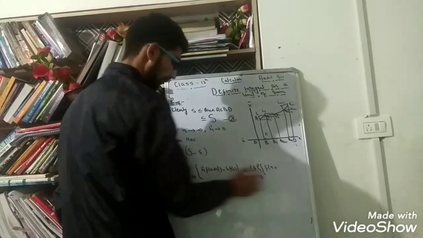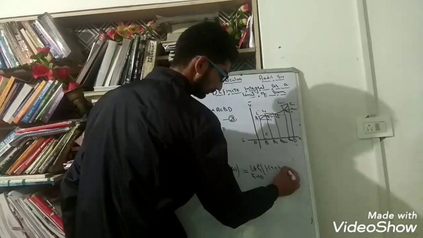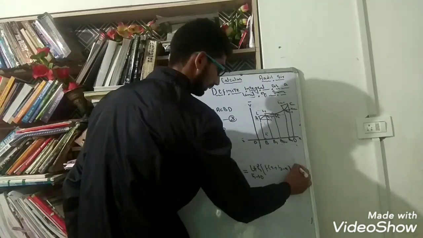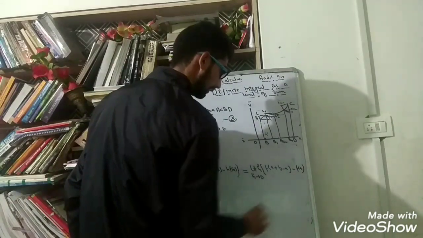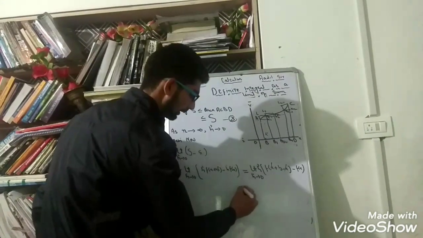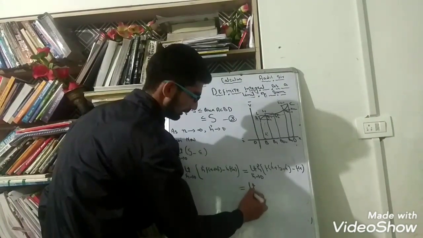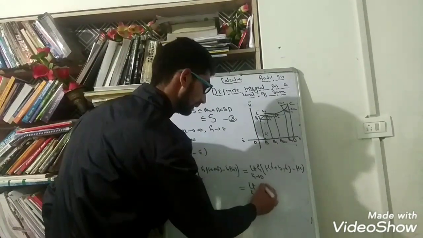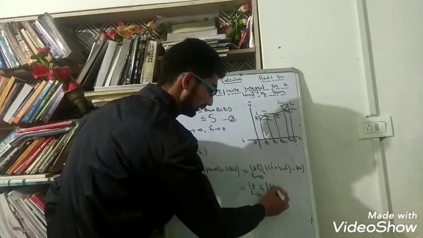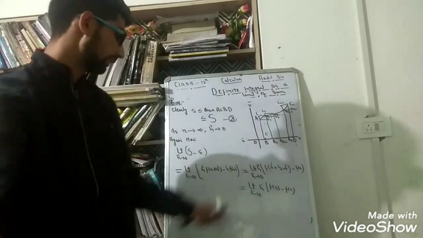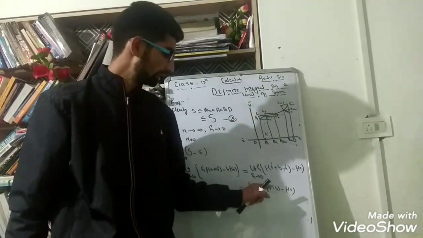So I will write here f of b minus f of a. So I am getting limit h tends to 0 of h into f of b minus f of a.